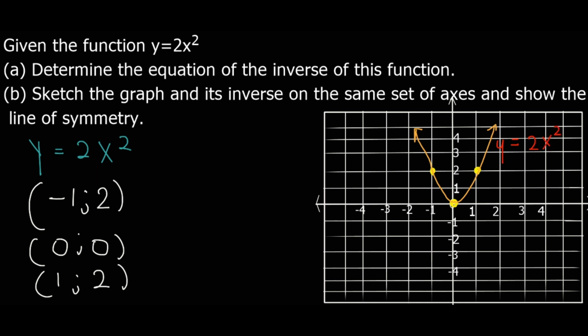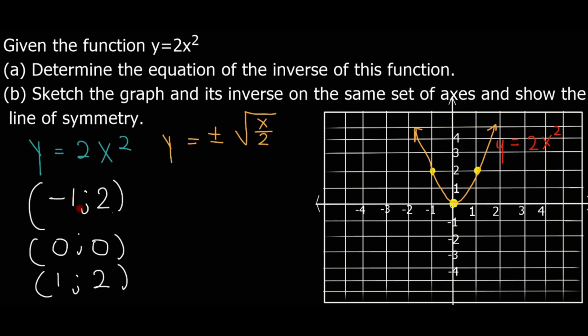So now let's draw the inverse. Remember our equation of the inverse is plus or minus root x over 2. But I want to do it in this way, because what we know is that the inverse is an interchanging of the x and y coordinates.